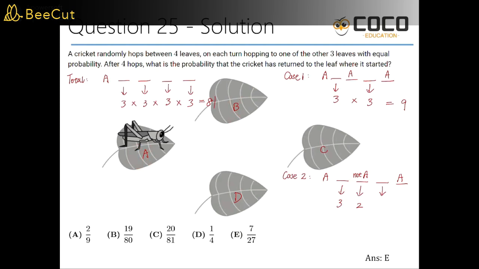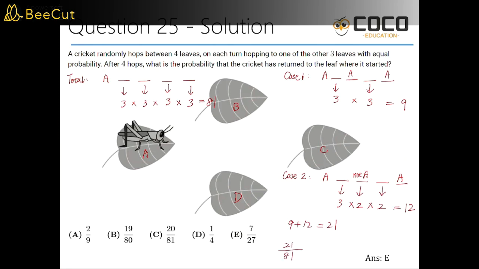Then for the next one, it's on one of these 3 leaves here. Let's say at the previous step it's on C, then you jump to A, so it's not on A. So for this one, you only have 2 choices left, 4 minus 2, different from the second hop and also different from the fourth hop. So this is only 2 choices. So 3 times 2 times 2 is 12 cases. So altogether, the cases where you come back to the original position is 21 cases.